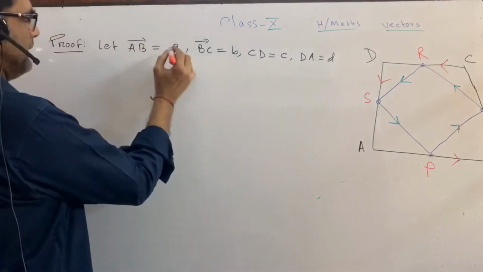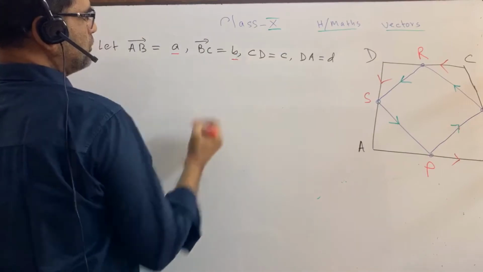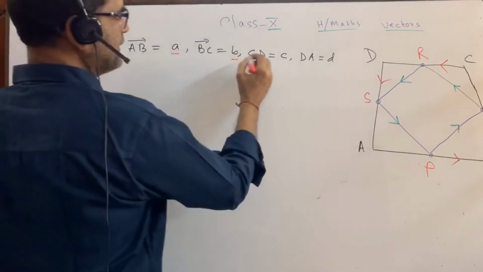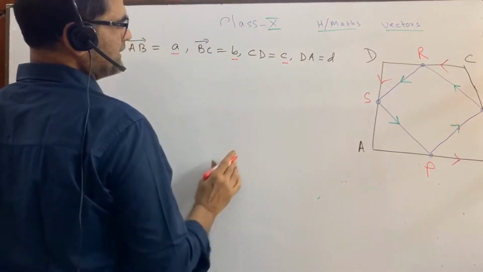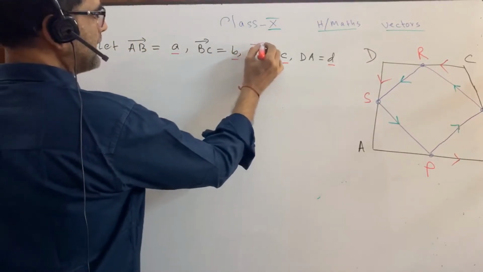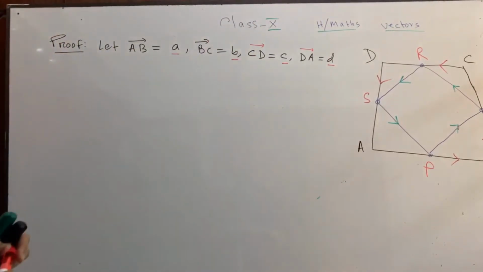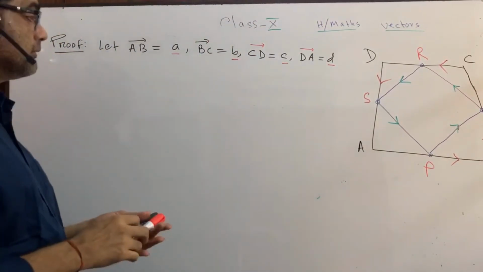Like this, AB equals position vector a, BC equals position vector b, CD equals position vector c, DA equals d. Now give the vector sign here, you complete like this. I have taken these.